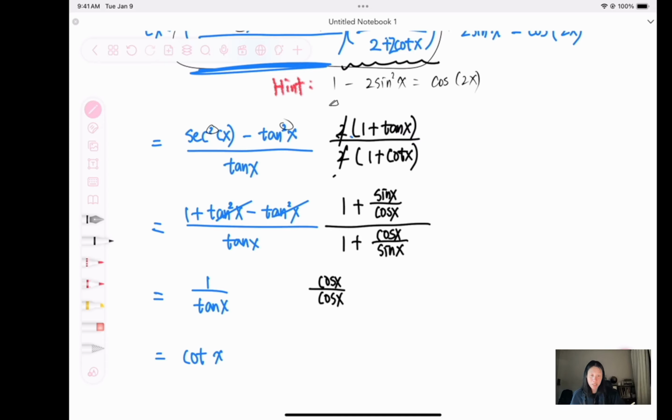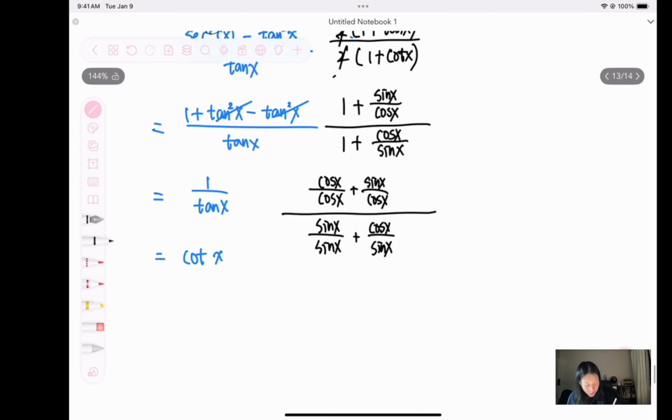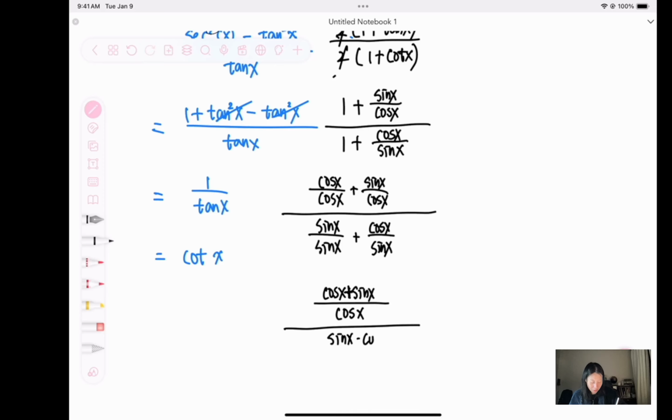One, I can rewrite as cosine over cosine, or sine over sine. Now, simplify it. I get cosine x over sine x, plus, and then I have a cosine x over sine x times cosine x over sine x.